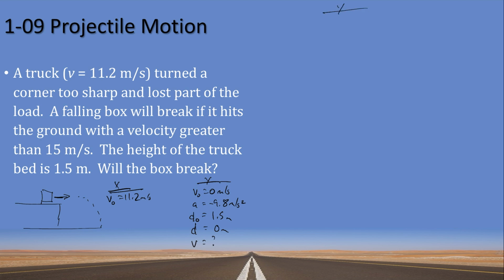So in the y, I could find my velocity. So I'll get v squared is 29.4 meters squared per second squared.